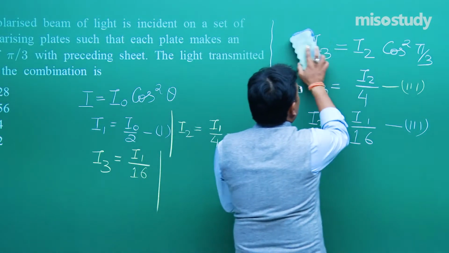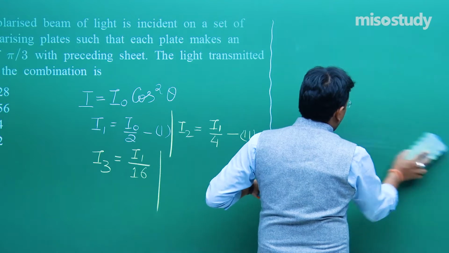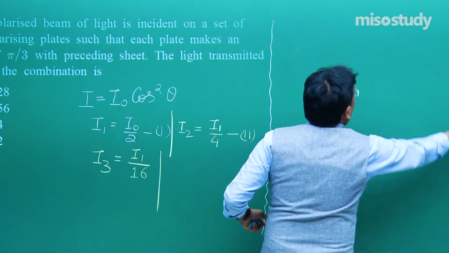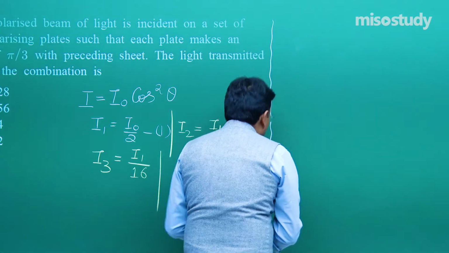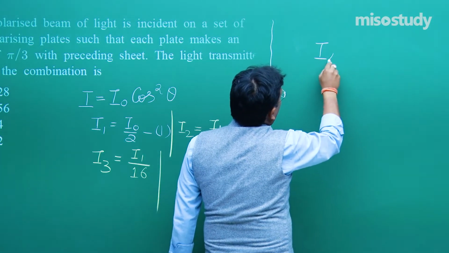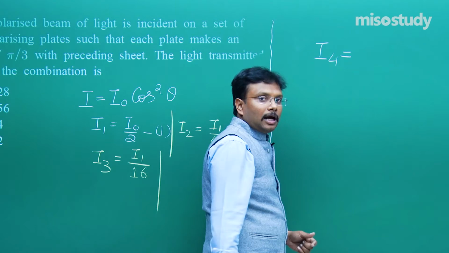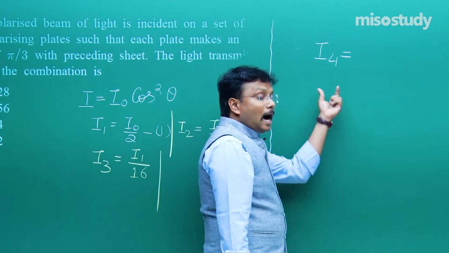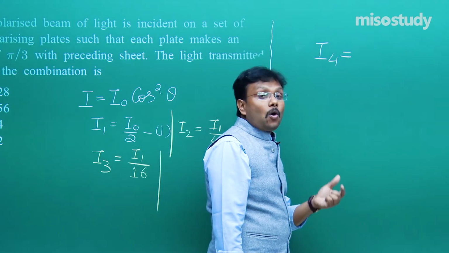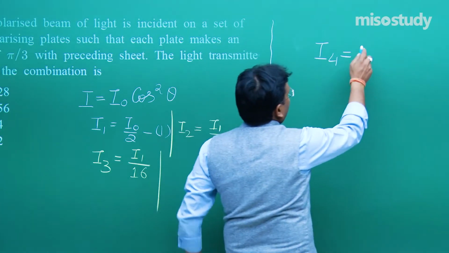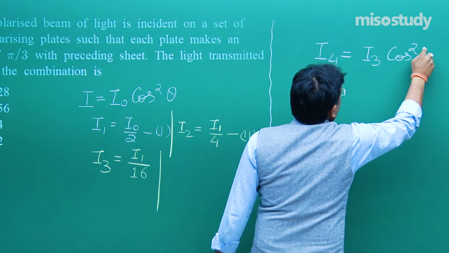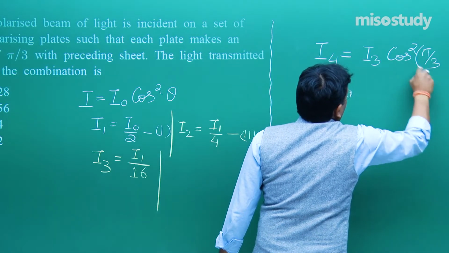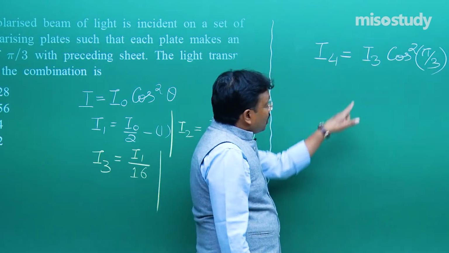Now what about I4 in similar fashion? Fine. So let us try to find out the value of I4. I4 is equal to I3 cos square pi by 3. Fine. So what you will get?